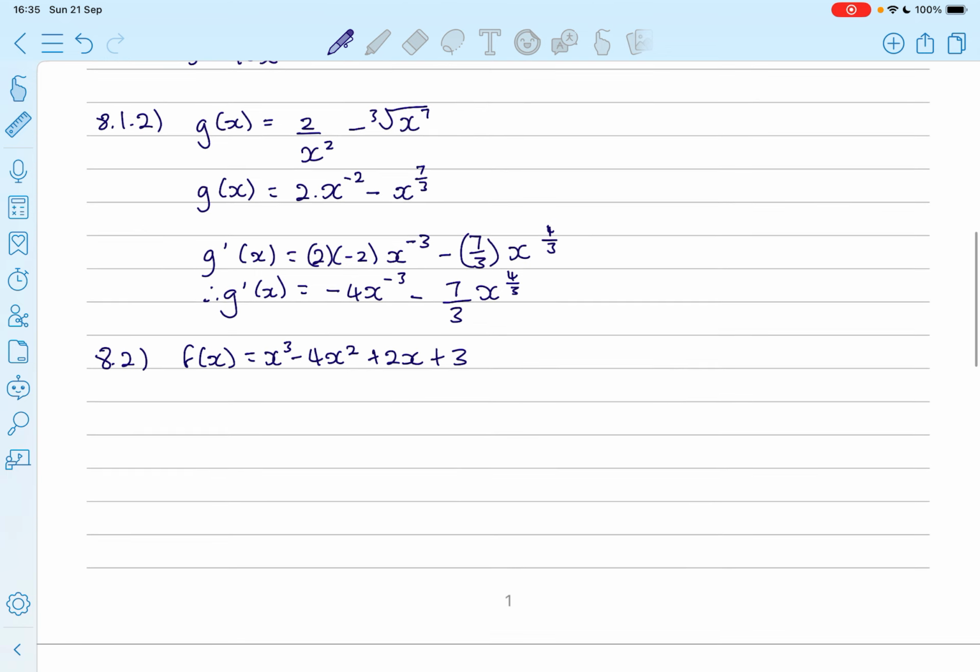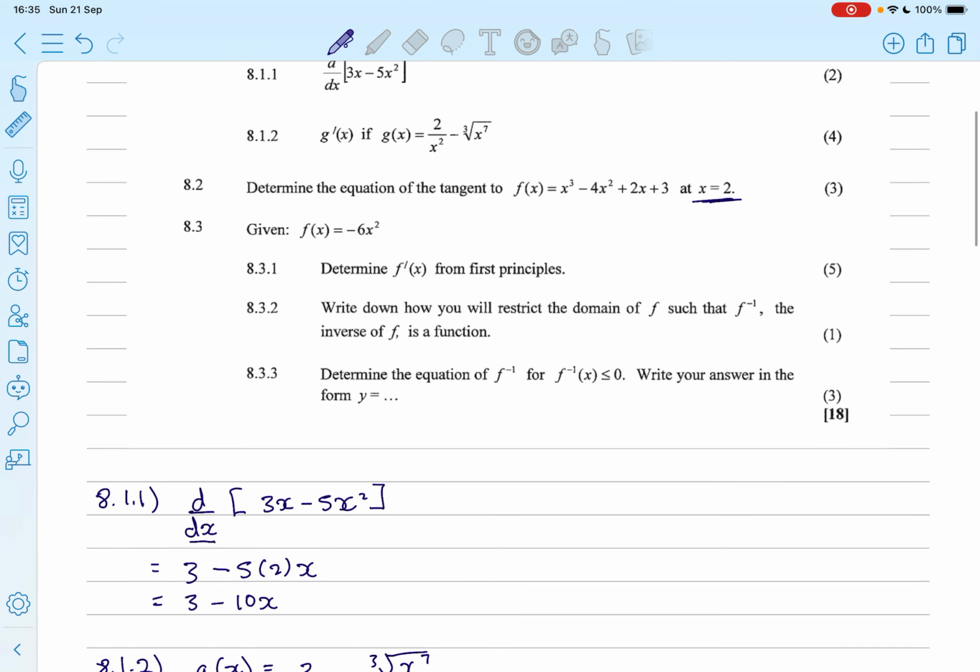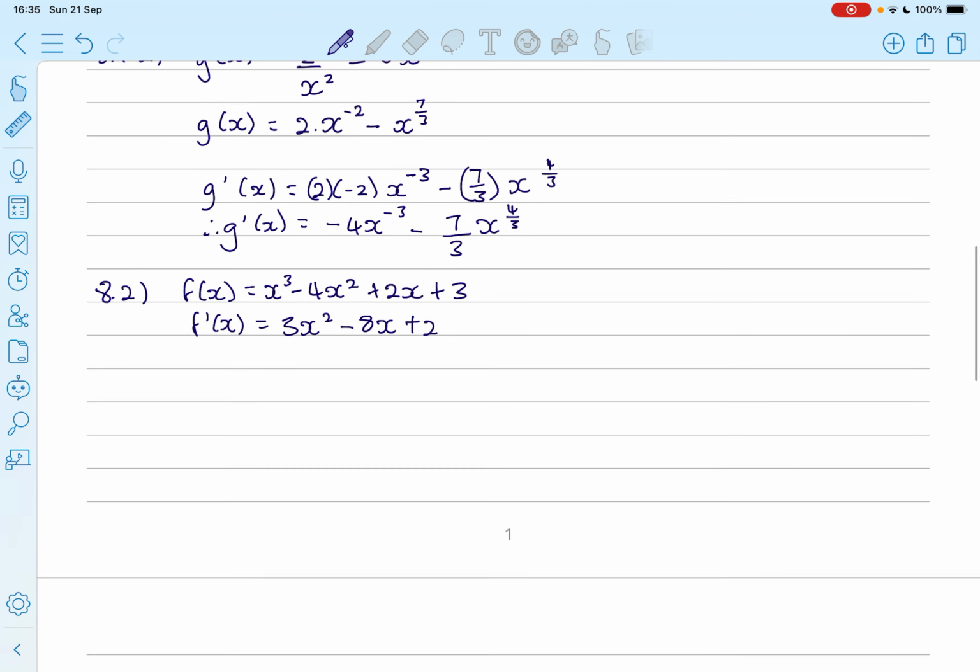And taking the first derivative, you get 3x squared minus 8x. And here it's just plus 2 and the 3 falls away because it's a constant. And we need to calculate the equation of the tangent. So that means we need the gradient. And we said the gradient of your tangent will be equal to your derivative at that point.